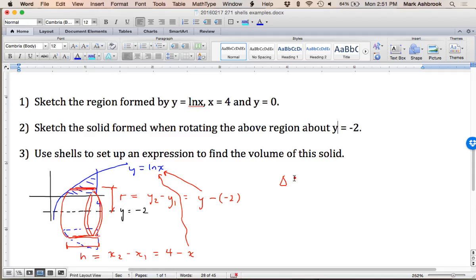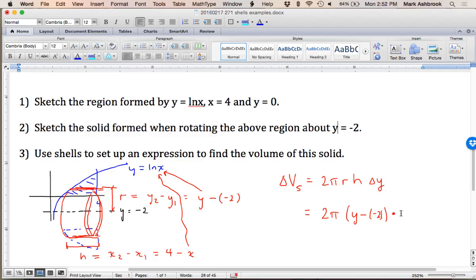The volume of the shell is going to be, what did we say? 2 pi r times height, in this case delta x or delta y? Delta y, the little thickness of the shell is delta y. What did we find the radius was? Y plus 2, or y minus negative 2.